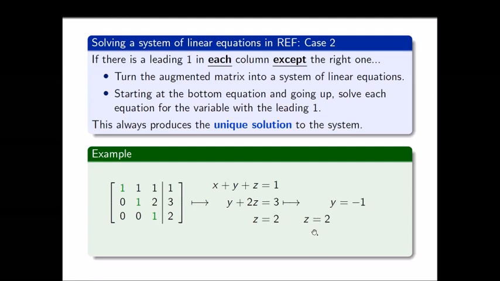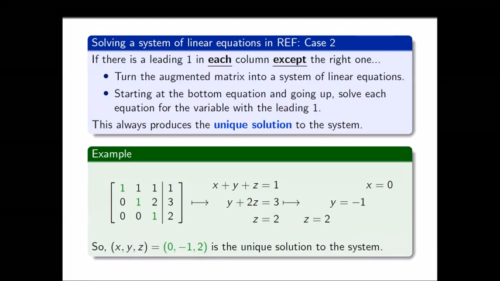And now we have values for z and y both, so we plug them in the first equation, and then we solve for x, and in this instance we get that x is 0. So the triplet 0, -1, 2 is the unique solution to the system.